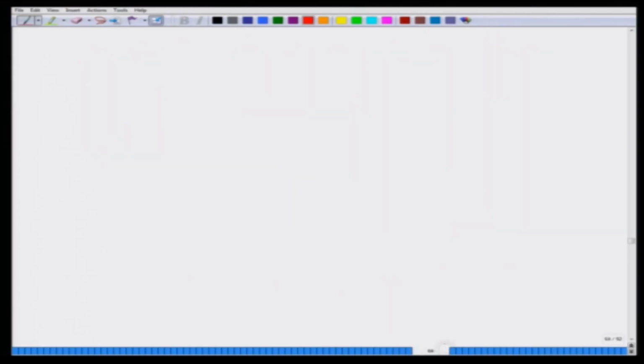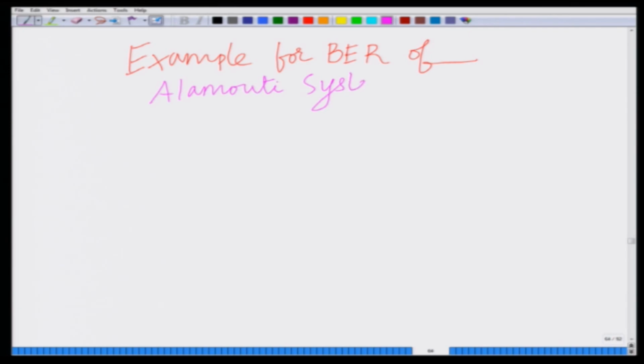Now, let us look at a simple example to evaluate the bit error rate performance of this Alamouti system. So, let us evaluate the bit error rate of the Alamouti coded system.